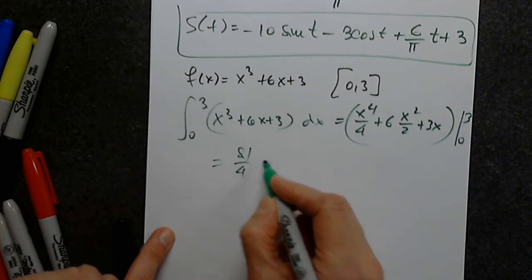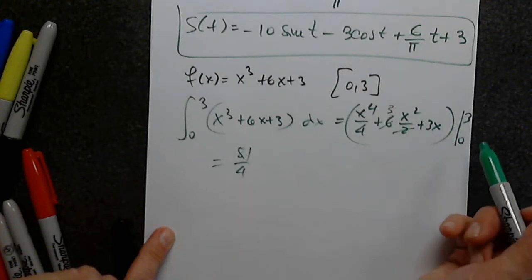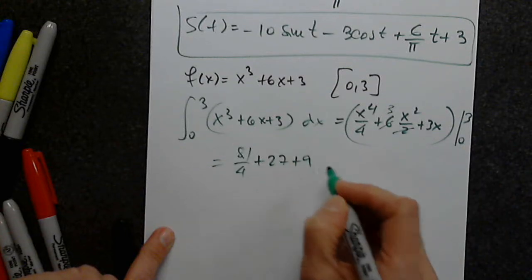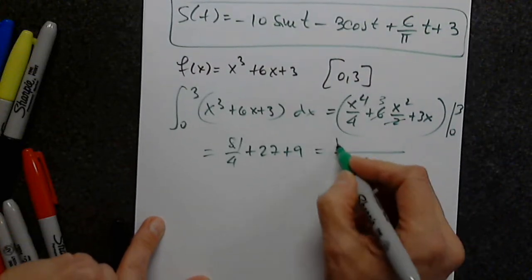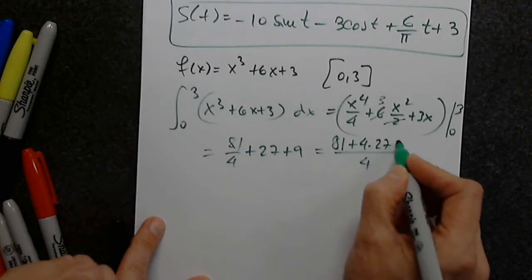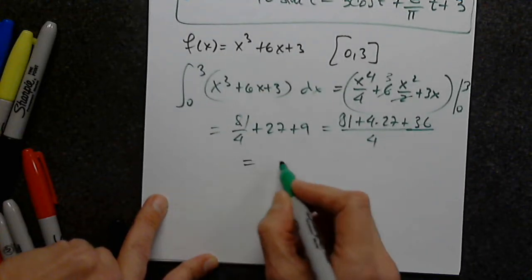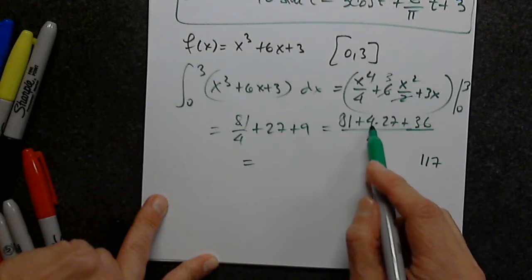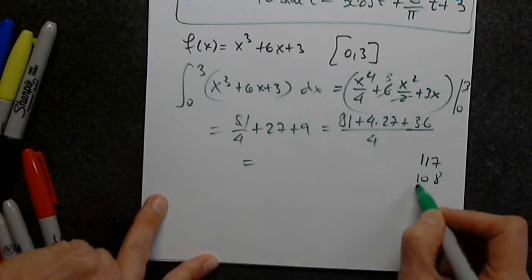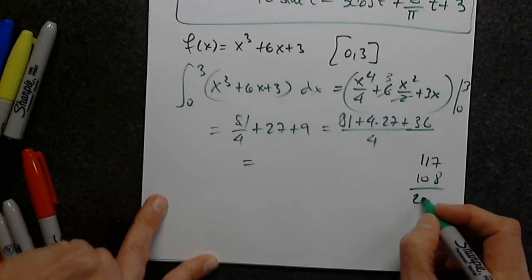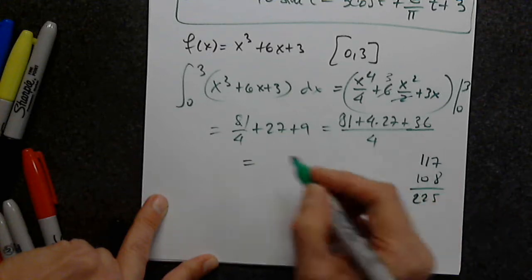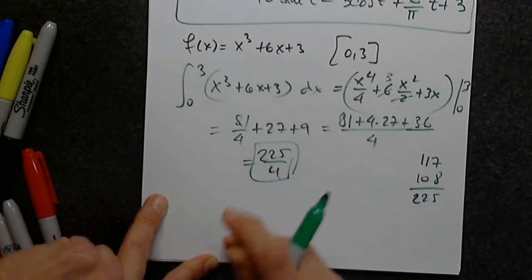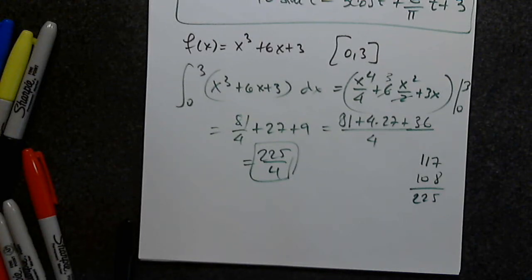And it's 81 over 4 plus 27 plus 9. So I expect to get 81 plus 4 times 27 plus 36, which is 225 over 4. This is what I expect to get. Not because I would like to fudge it, no, but I need to check my work, and this is just a quick check, okay?